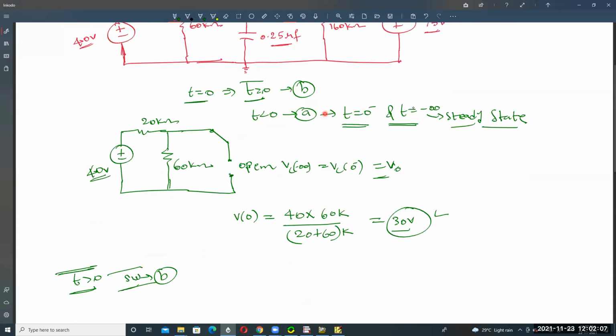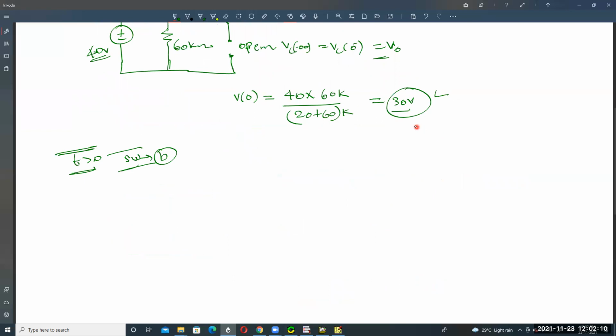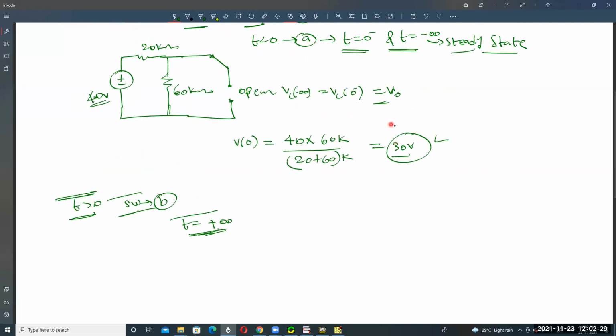With the switch in B, t greater than 0 means t is equal to 0 plus, or t is equal to plus infinity. Under this condition, the switch is in position B and it is a steady state condition.